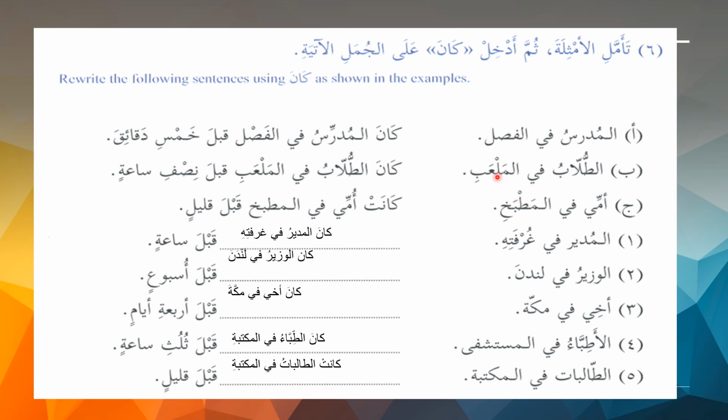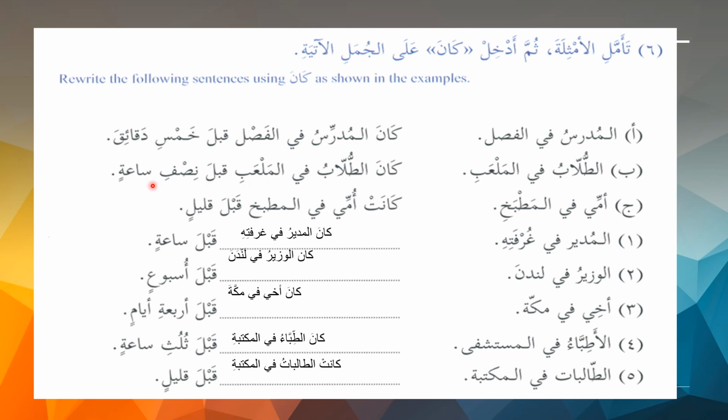At-tullabu fil mal'abi, the students are in the playground. Kana at-tullabu: ism kana remains in marfu. Fil mal'abi qabla nisf sa'atin. One may ask, there is ism kana, but what about khabar kana? The whole phrase, fil fasli qabla khamsi daqa'iq, fil mal'abi qabla nisfi sa'atin, is the khabar kana.